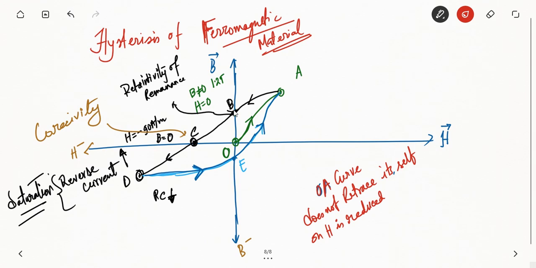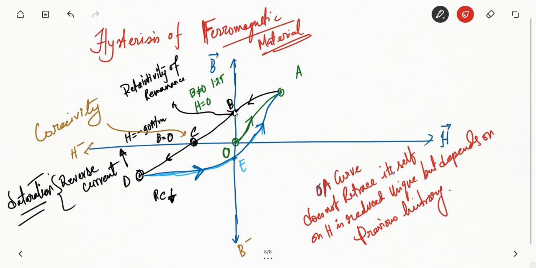So when H is reduced, B is not unique but depends on the history of the sample.